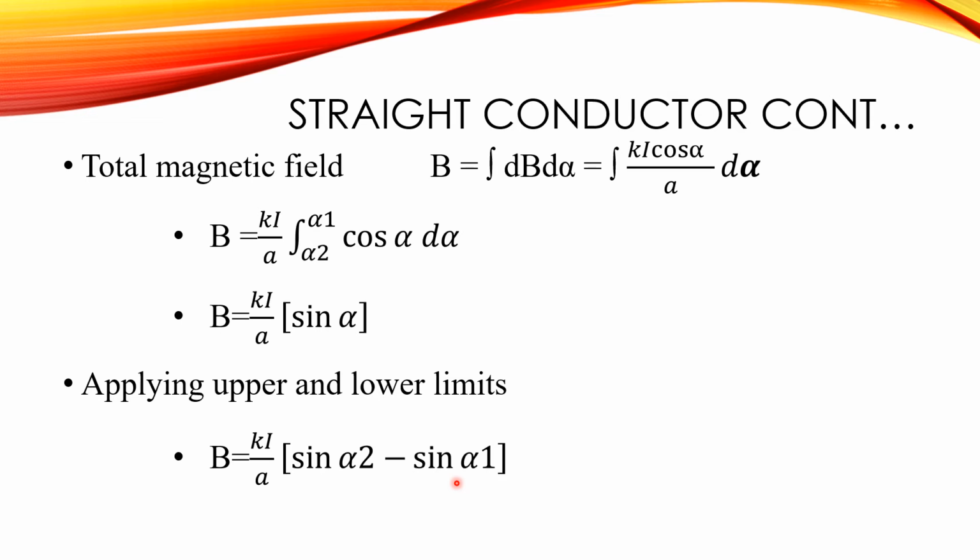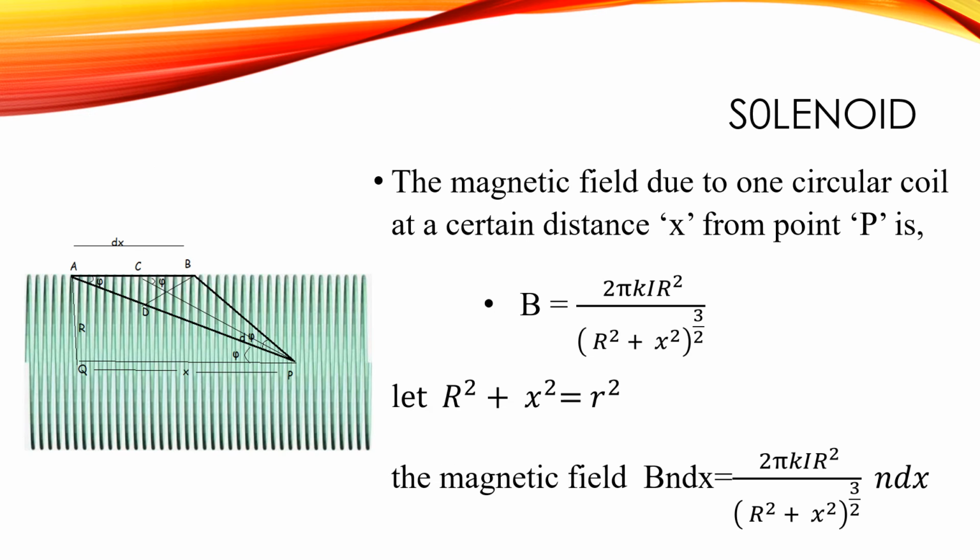So this is the equation for a straight conductor. Let us see another application of the Biot-Savart law, that is how to find the magnetic field in a solenoid.